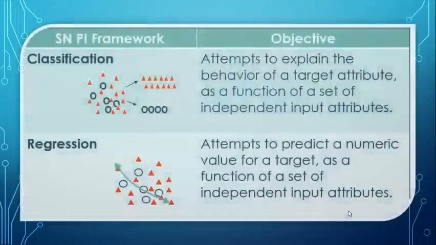So let's look at what classification is. Classification attempts to explain the behavior of a target attribute as a set of independent input attributes, which means, in a nutshell, it's just trying to predict a value. It's the most common use case for predictive intelligence that we see. For example, if my CI and short description is so and so, what is going to be my assignment group, right? And regression predicts a numerical value for a target based on independent values.